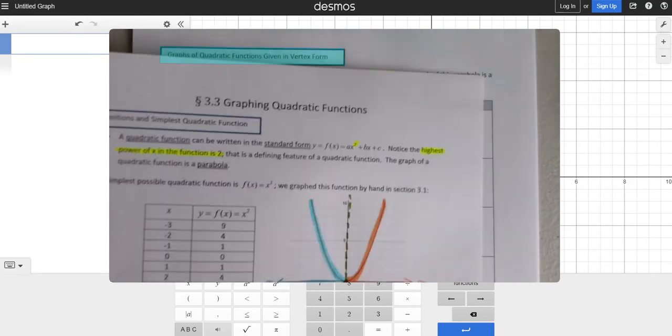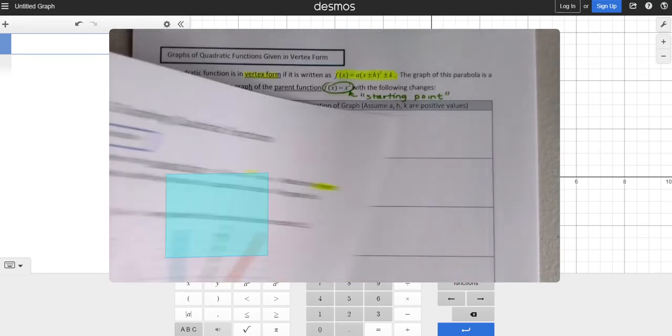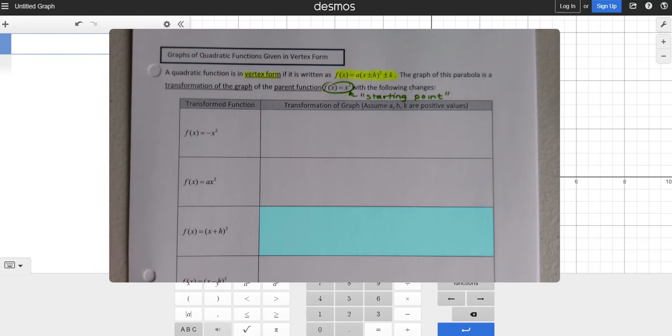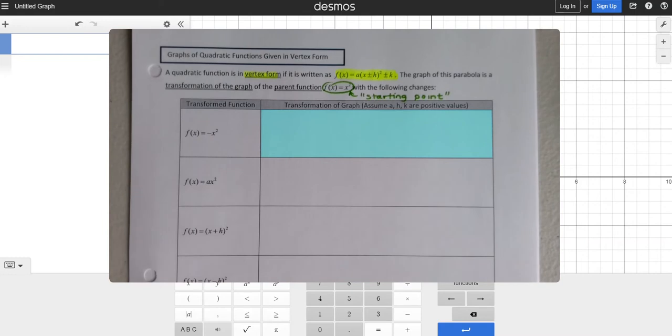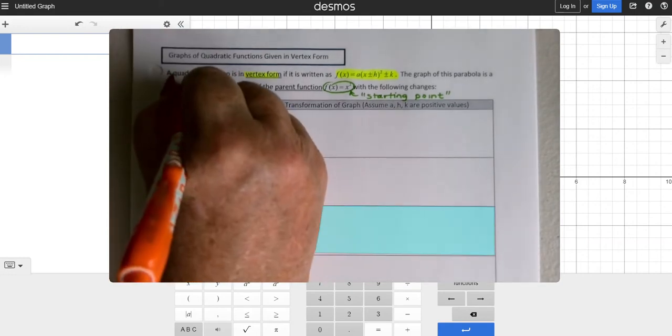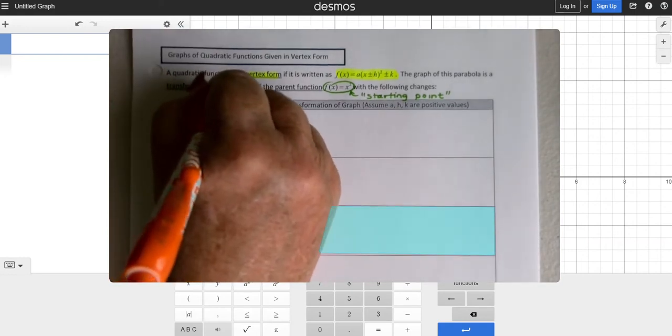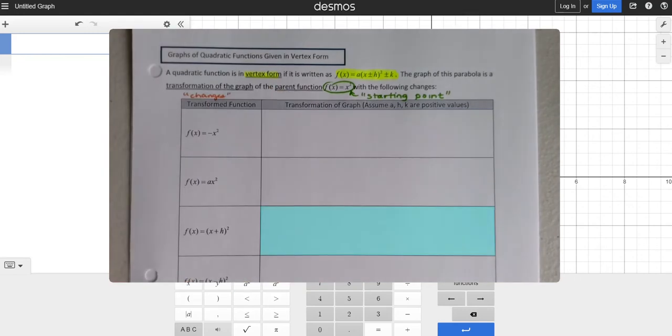It looks like this. We'll start with that, and then we'll make transformations or changes to that graph based on the values of a, h, and k to predict what the new graph is going to look like.